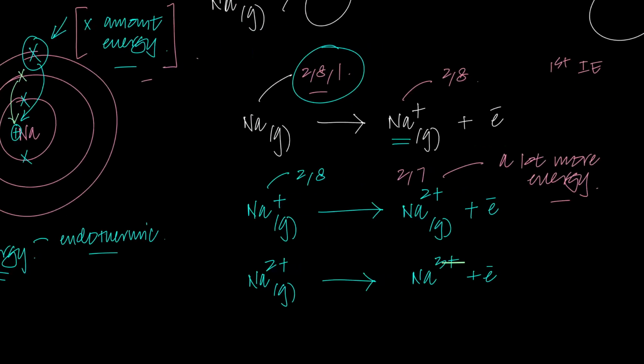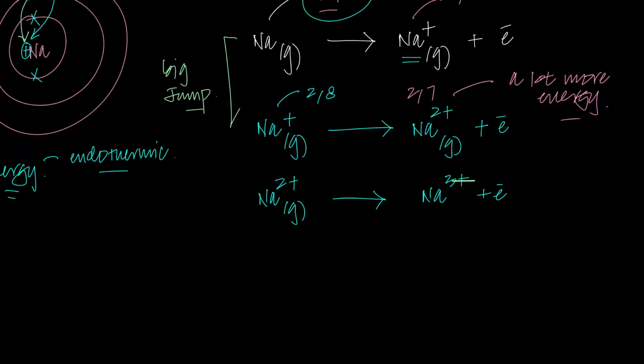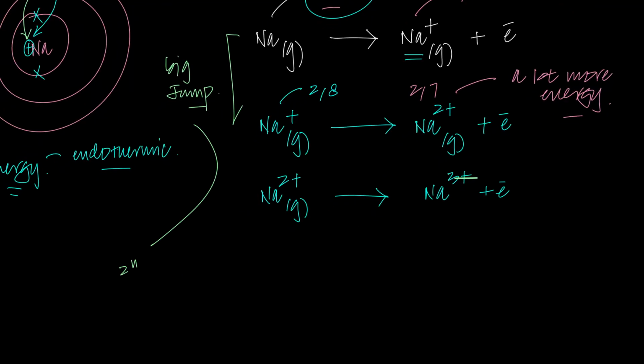So if I look at my two equations, the first ionization energy and the second ionization energy, if I remove the first electron, it requires X amount of energy, but there's going to be a big jump from the first to the second. Why? Because the second electron is removed from a shell which is closer to the nucleus.